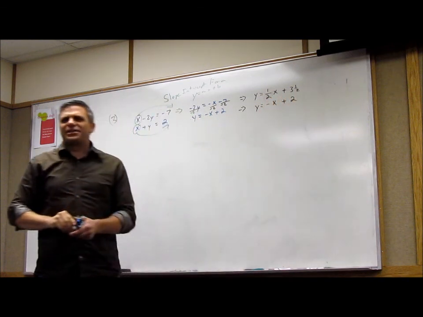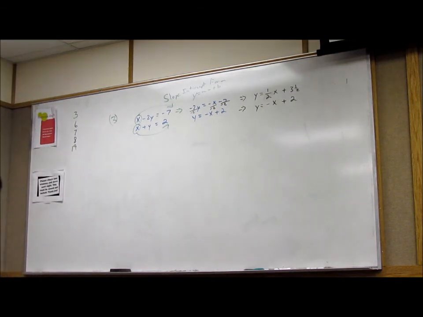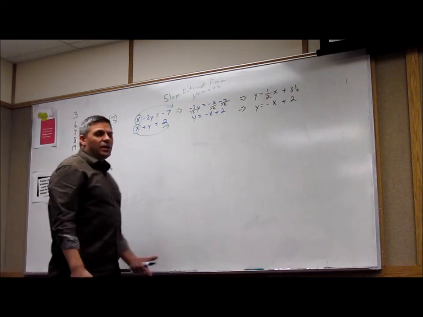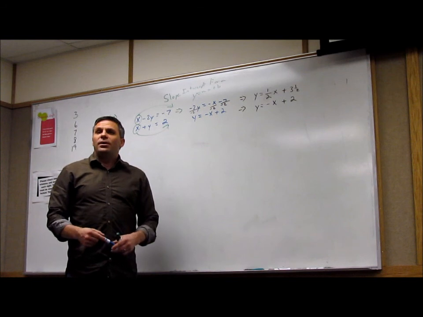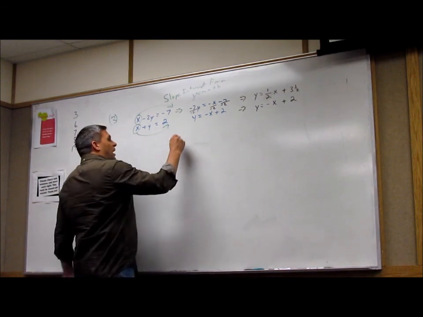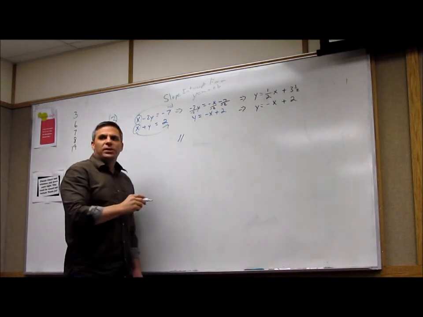And so what does it ask me? The problem asks me something specific. It says, determine without solving the system whether the system has exactly one solution, no solution, or infinite. So without graphing it or anything, tell me what they are. Well, if they're parallel, we know that they're what?